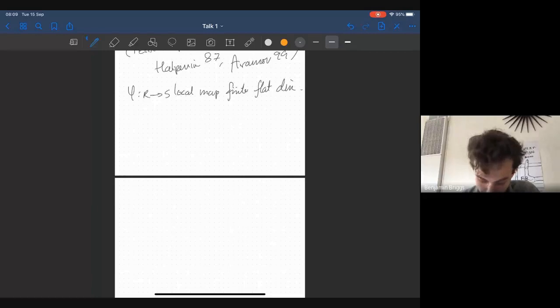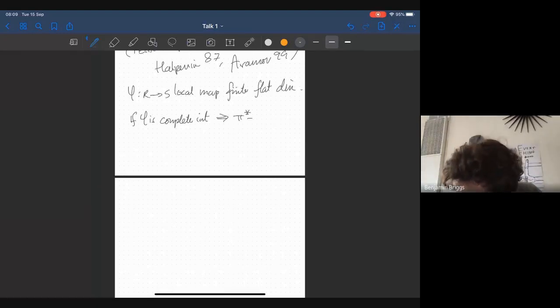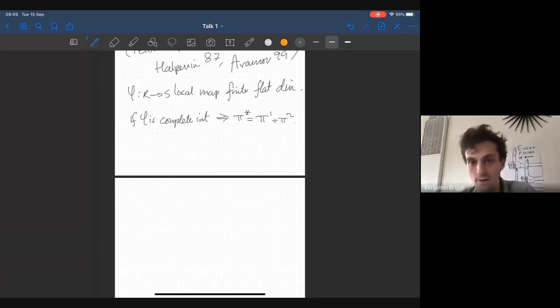So let's say you have a homomorphism of finite flat dimension. If phi is a complete intersection, then the homotopy algebra of phi is only in degree 1 and 2. It just stops there. So there's a vector space in degree 1, a vector space in degree 2, and then the rest of the homotopy algebra is equal to 0.